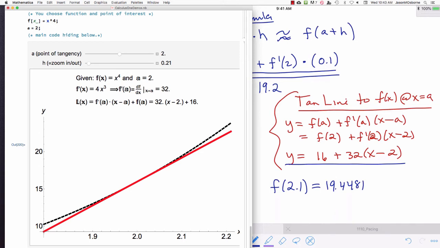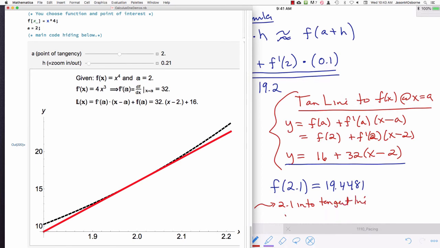But let's use the red line now. So instead of putting 2.1 into the function, the black curve, put 2.1 into the tangent line.